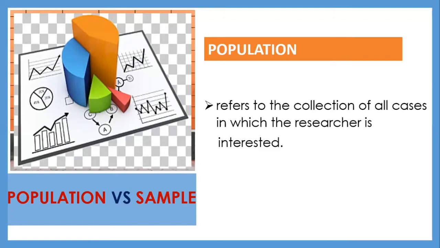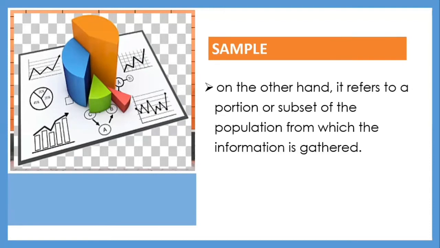On the other hand, if we say sample, it refers to a portion or a subset of the population from which the information is gathered. So theoretically, a sample must be a representative of the population from which it is taken.